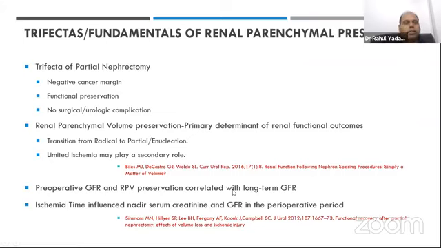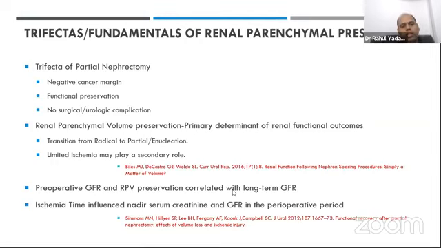So coming to the trifecta of partial nephrectomy, three important things we have to remember. First of all, we should achieve a negative cancer margin, functional preservation of as much renal parenchyma as possible, and avoid complications. The primary determinant of renal function outcomes is renal parenchymal volume preservation.